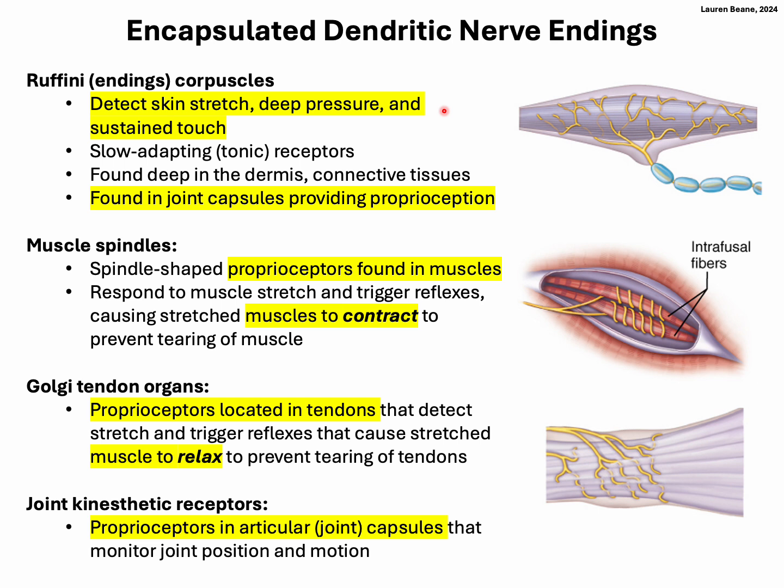If someone were to tug on your skin, any kind of tearing, pulling force is going to activate these receptors. So they're pretty slow adapting. This is information we want to be aware of to protect the skin and underlying connective tissues. Another critical area in which they're found is in the joint capsules, providing proprioception information to the CNS.